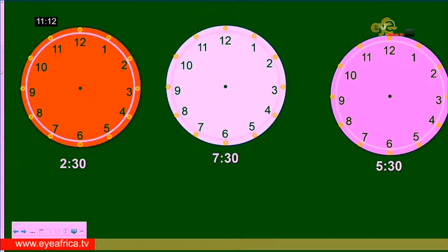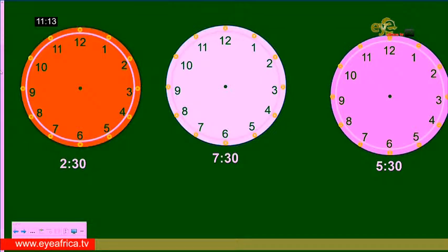And the shorter hand should be where? Between 7 and 8, because it is saying 30 minutes past 7. 30 minutes past 7 is the same thing as 7:30.